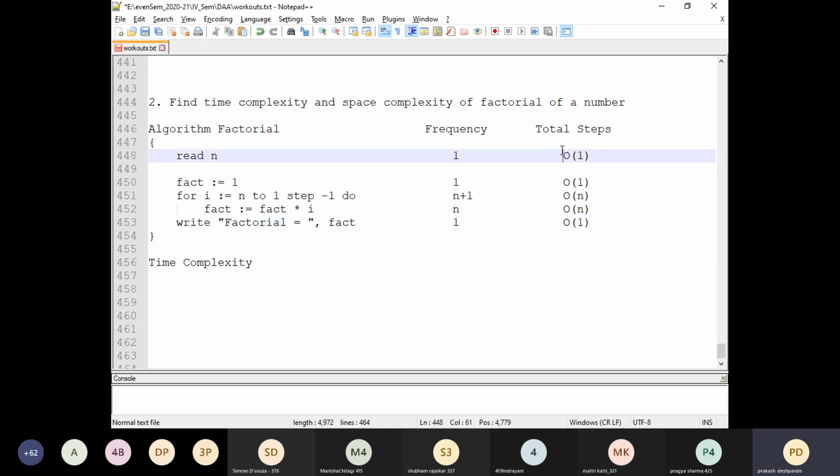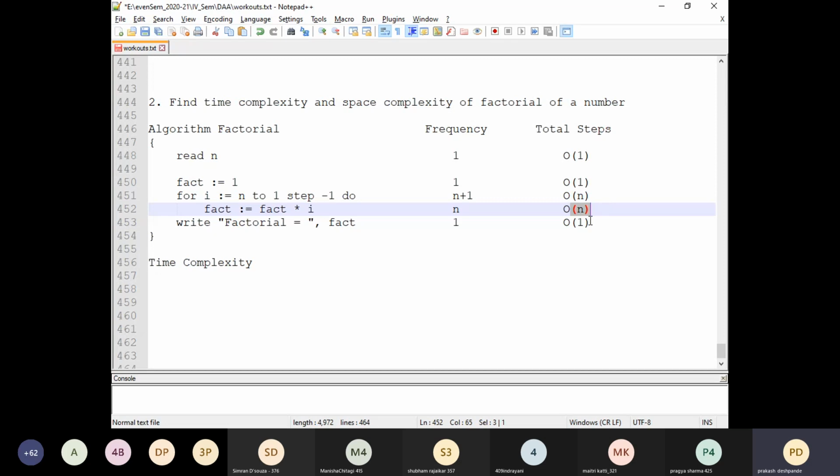Now look into all these big O notations. What does big O mean? Whenever we hear big O, it is the maximum amount of time required to execute that particular algorithm. Now, what is the maximum time? This is big O of 1, a constant. This is also constant. This is linear.